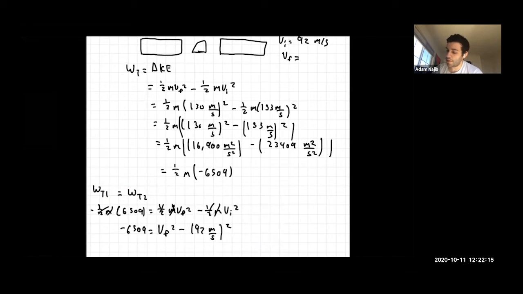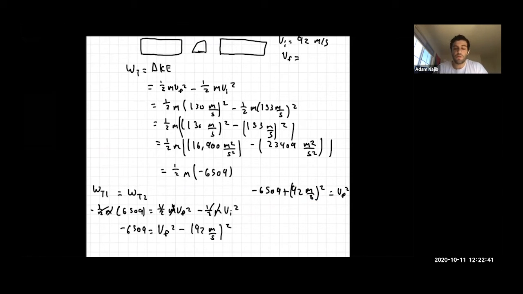Okay, going up here now, I'm just going to add 92 meters per second quantity squared to the other side, so negative 6,509 plus that value, in meters squared per second squared, is equal to VF squared.